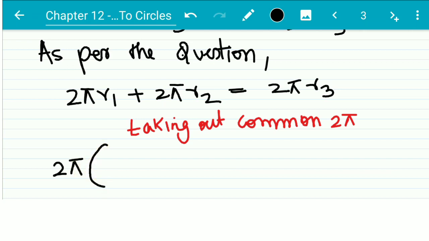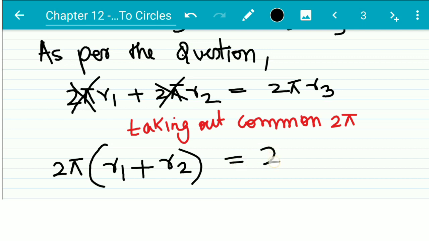So what will be there inside the bracket? From here I have taken 2 pi, so r1 is remaining. Plus here also I have taken 2 pi out, what is remaining? r2. This is how you will take 2 pi outside. 2 pi, open the bracket, r1 plus r2 equal to 2 pi r3.